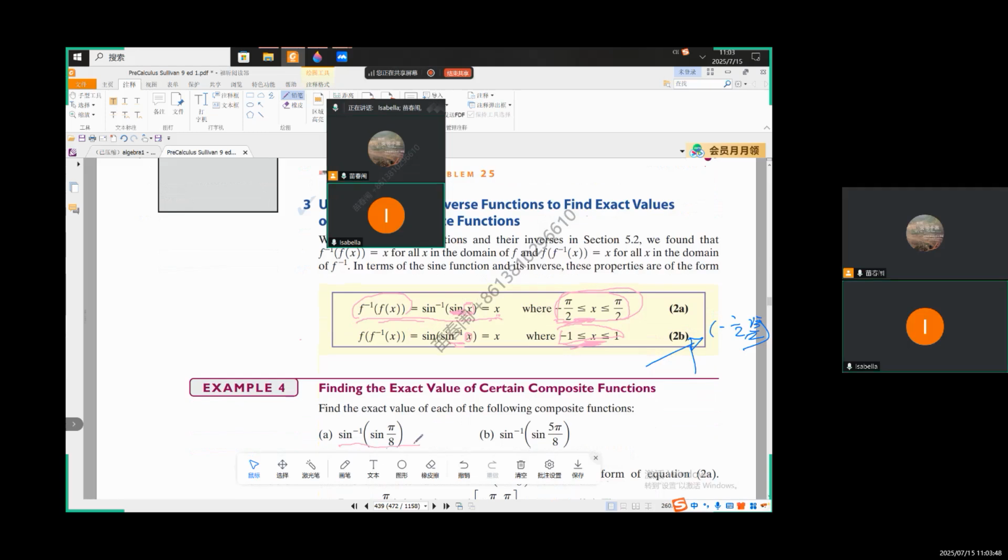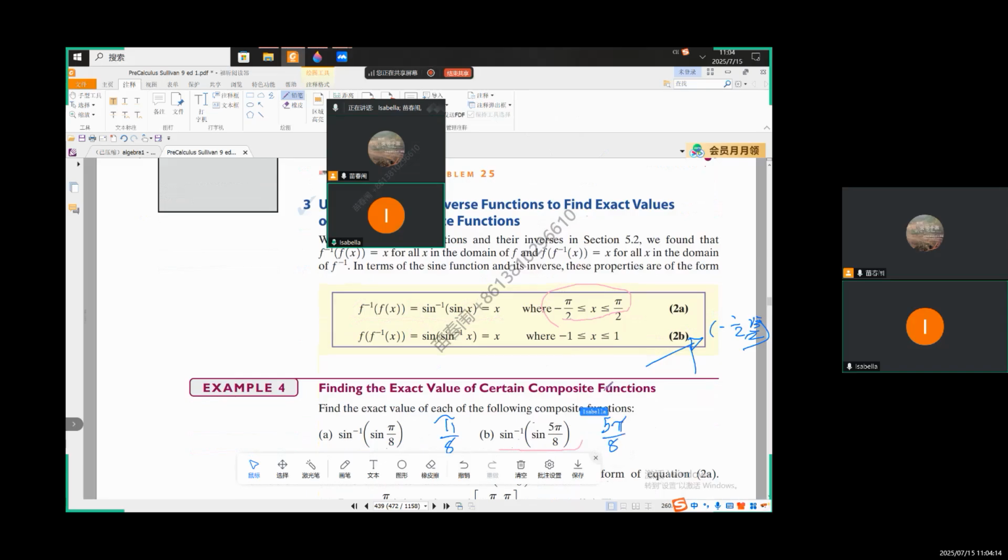Example 4. Okay, let me try doing that one. It just equals pi over 8, I guess. Yes, because it's in the domain, so we can just use it. How about this one? I guess it equals 5 pi over 8.